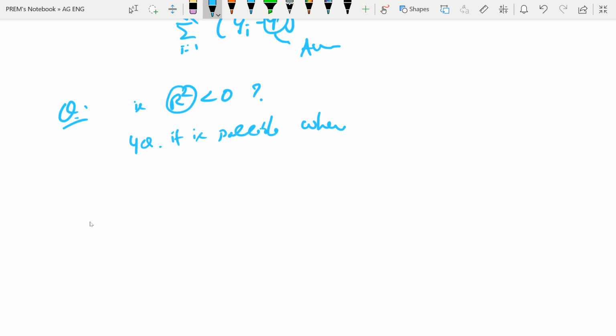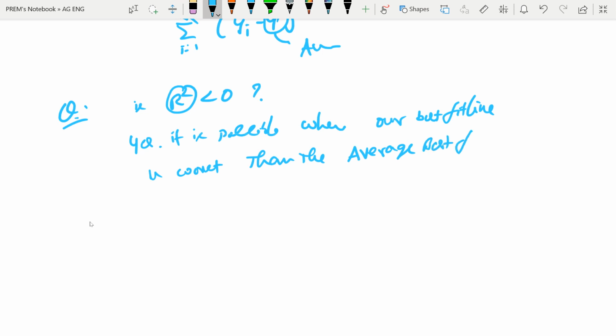When will it be possible? When our best fit line is worse than the average best fit line, at that point the R square value will be less than 0.